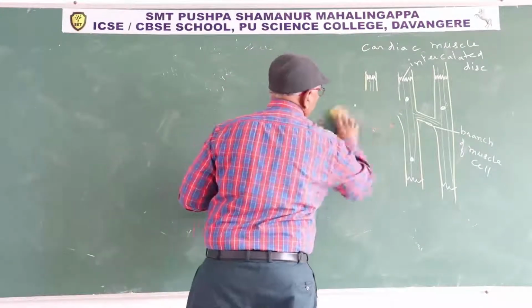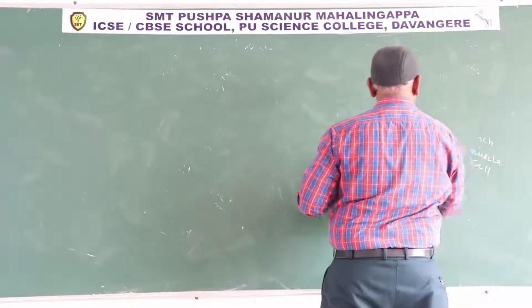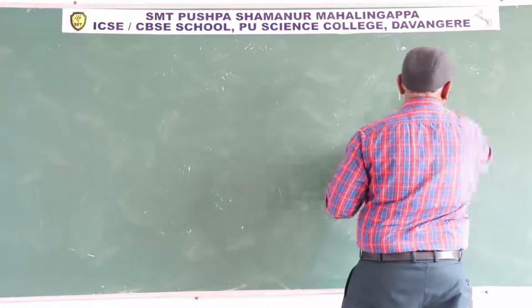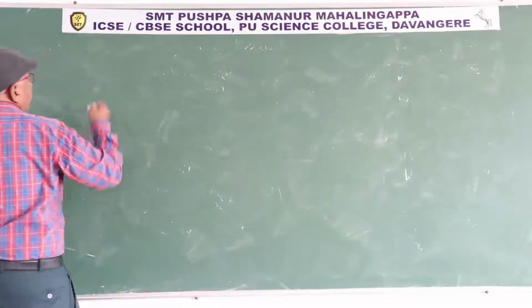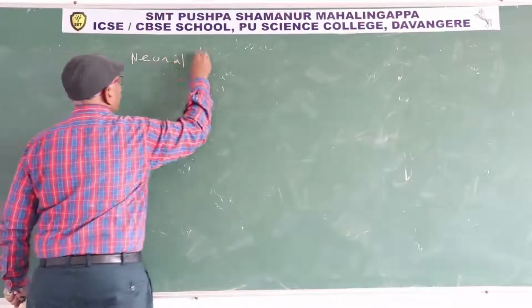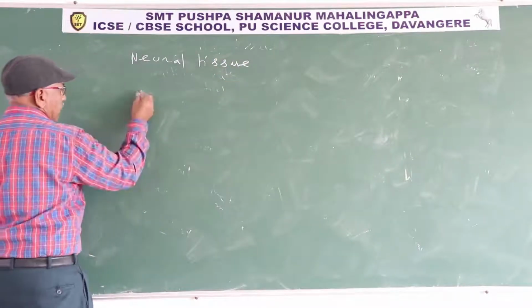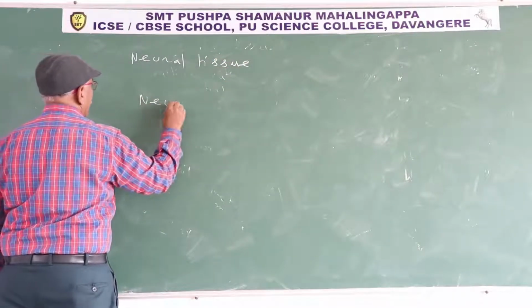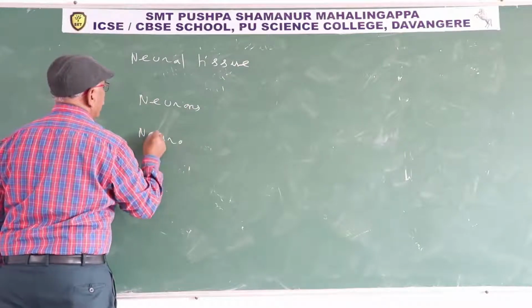Neural tissue contains two types of cells, neurons and neuroglial cells.